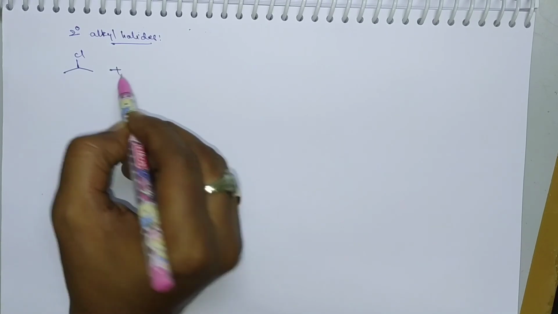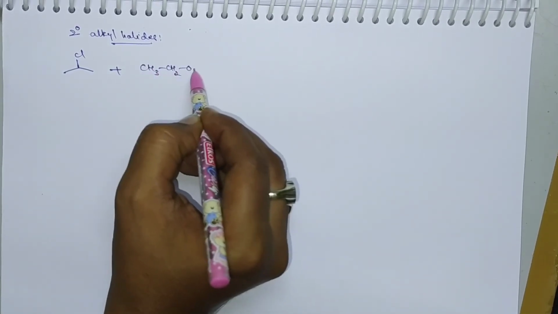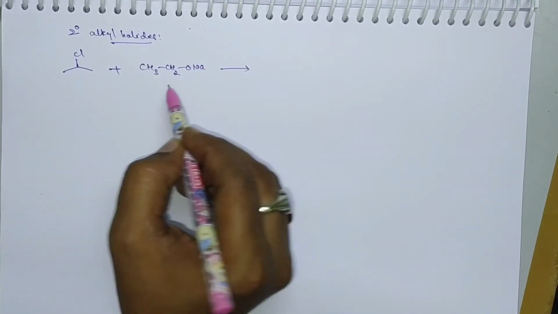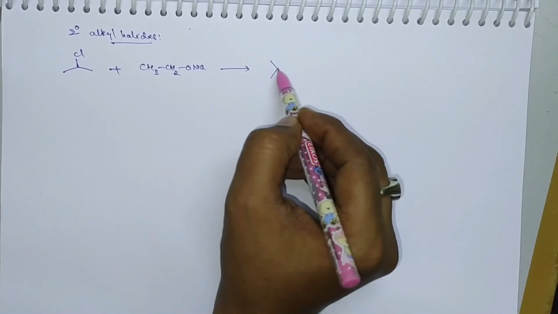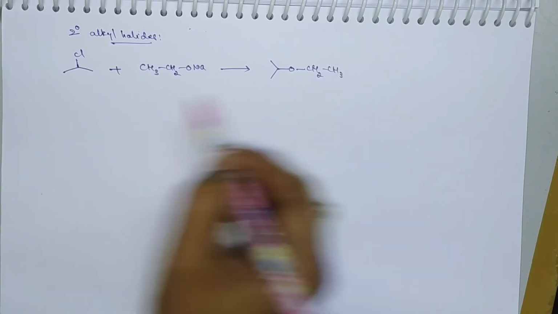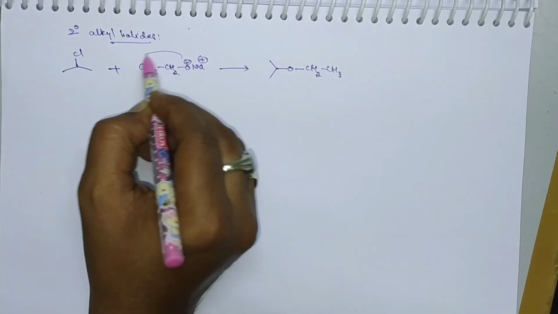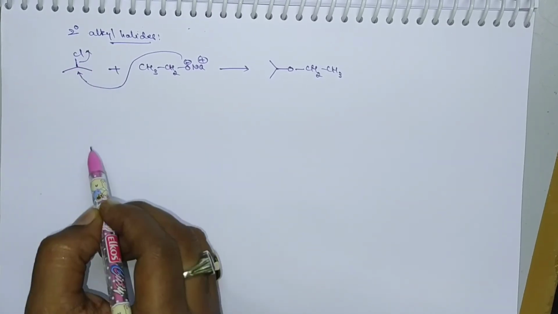So this secondary alkyl halide reacts with an alkoxide ion, that is sodium ethoxide. Does this reaction happen or not? Let us check. If this reaction happens, the product formed will be like this. The alkoxide ion O minus approaches the secondary carbon and leaves out Cl minus ion.